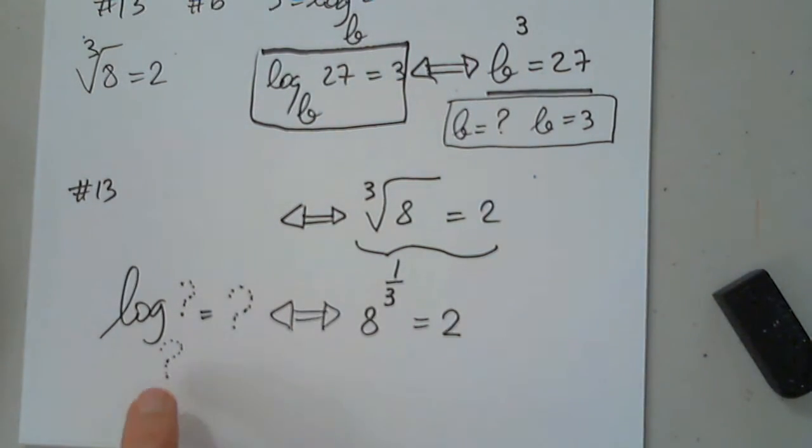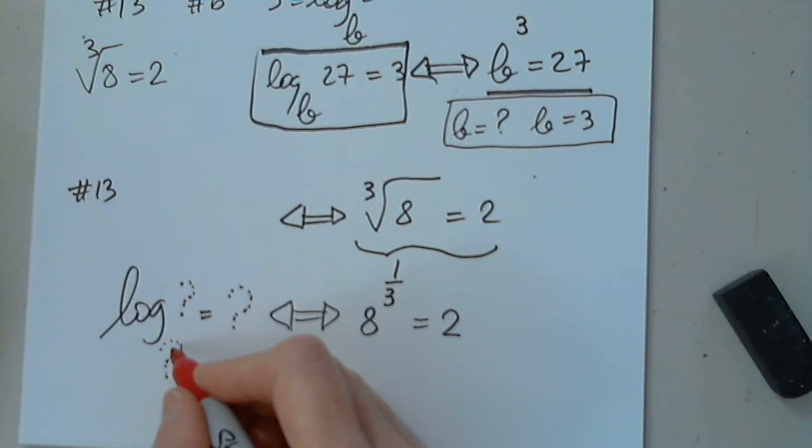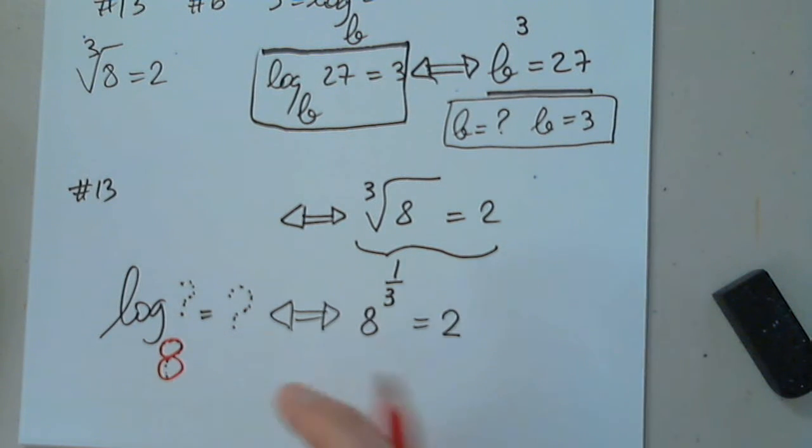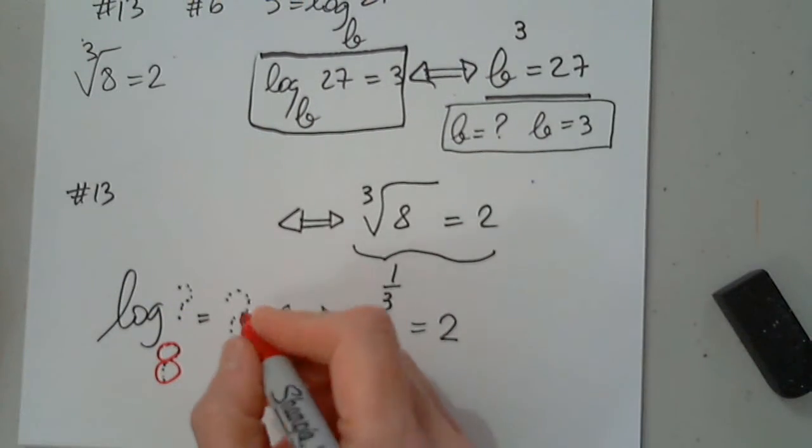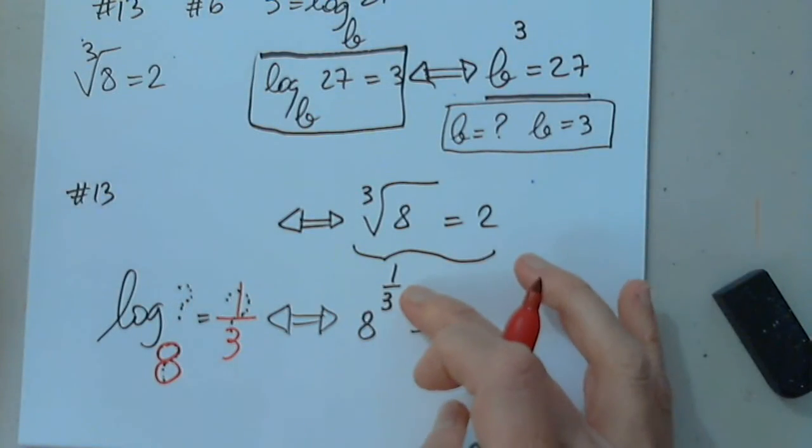So can anyone tell us what is the base? What base do I have to write in here? 8. Of course, because it's the same base here. Good. What power do I have to write in here? 1/3. Excellent, because that's the power here.